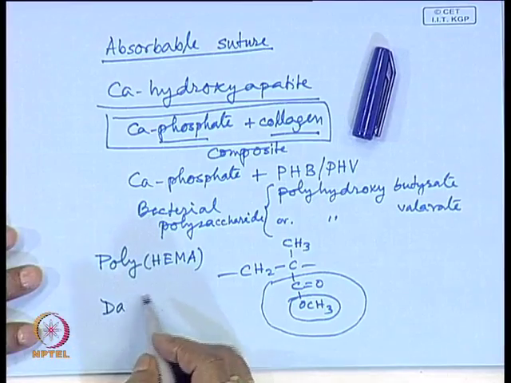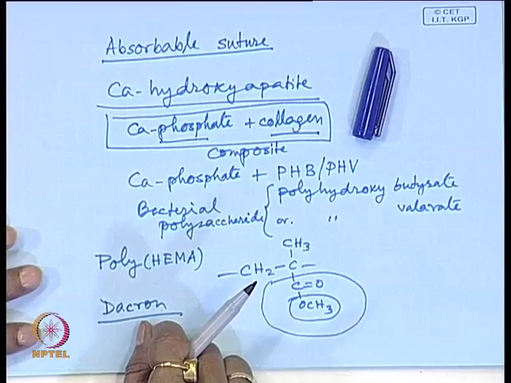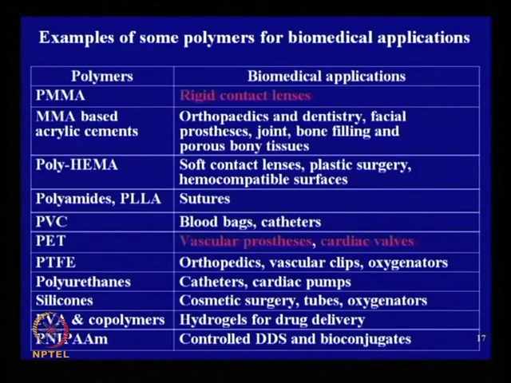This is called Dacron fiber, trade name of polyethylene terephthalate, that is used for making vascular, that means your veins or arteries, along with some fluorinated polymer fibers. If anybody of you is interested, literature is available, you can go through. There is a course on biomaterials, you can take that course also in order to get in details.